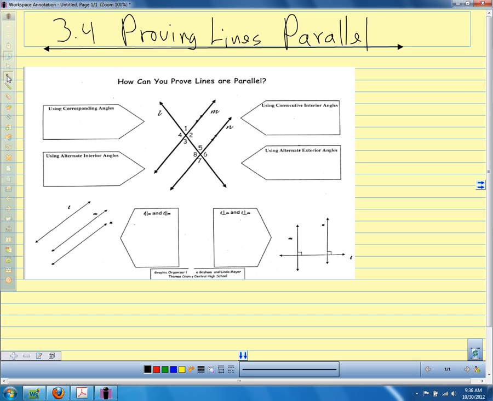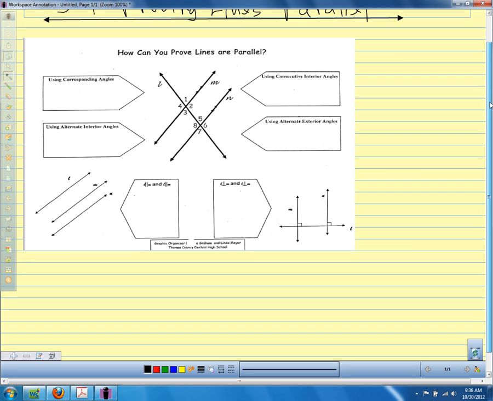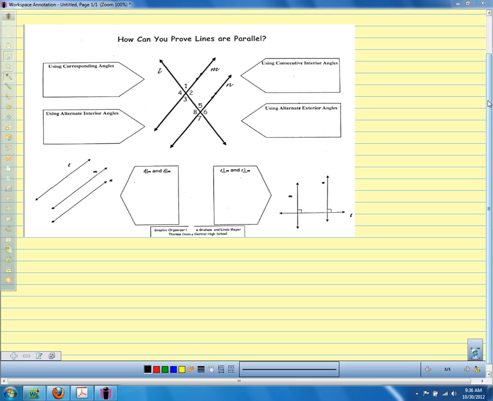On the other side of our graphic organizer, the very top box talks about corresponding angles. On Friday, when we talked about parallel lines, we said that was our postulate. So this part doesn't go on our graphic organizer for today. I'm restating what we talked about on Friday.